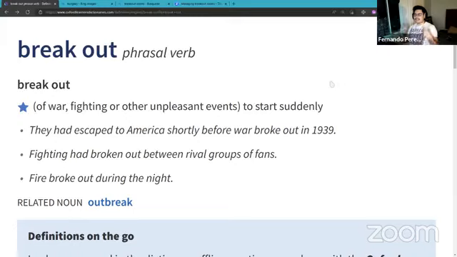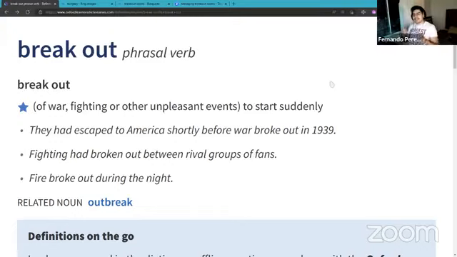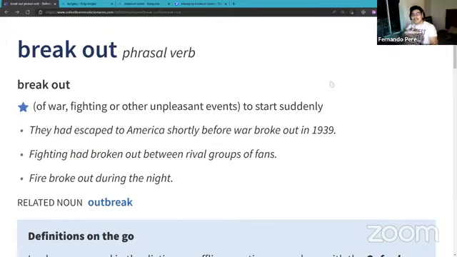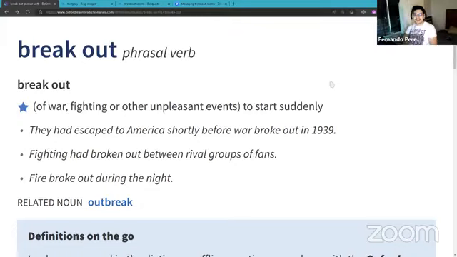So they start to appear because there is an outbreak of something dangerous, like a virus. But it's more important that it's sudden. Nobody was expecting that so many zombies started running out in the streets. So the suddenly part is a very essential part of phrasal verbs with break.